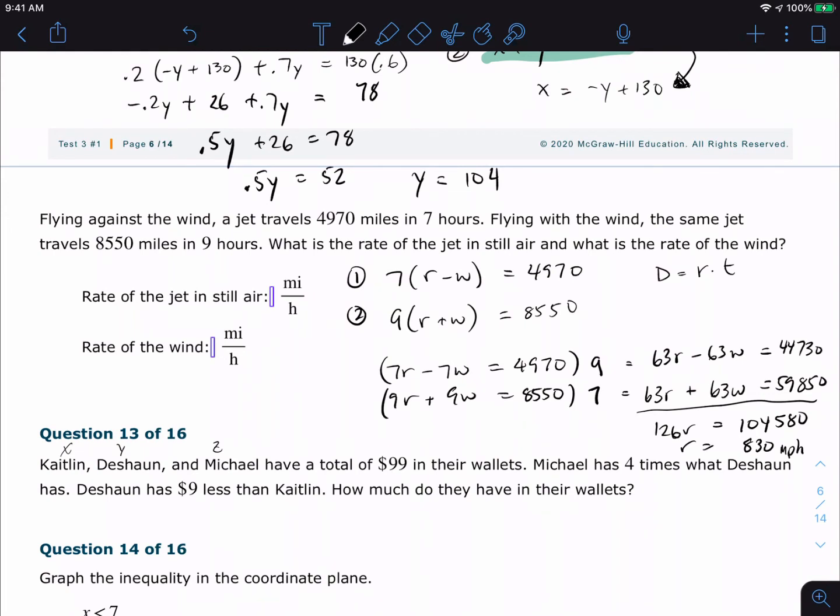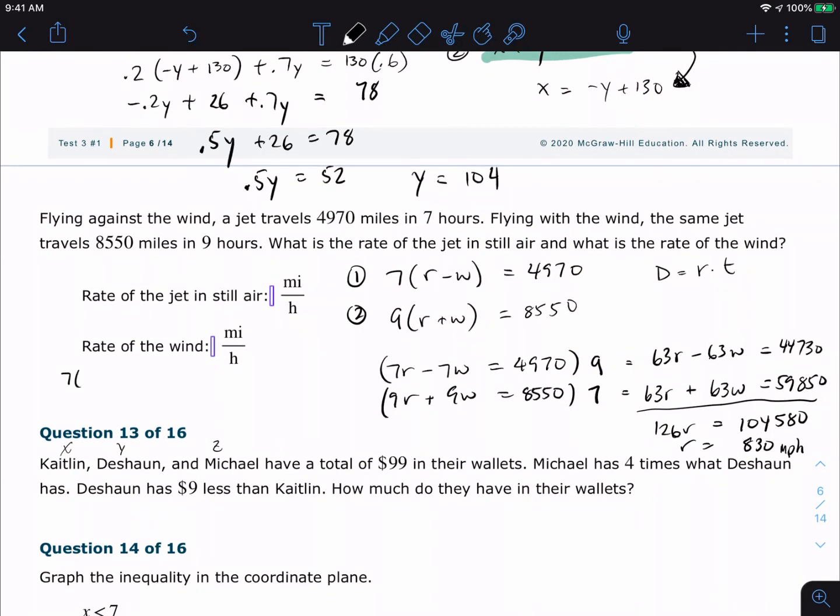Okay, I'll plug into 1. So then I'm going to go 7 times 830 minus 7 times W is equal to 4970. So this is 5810 minus 7W is equal to this.